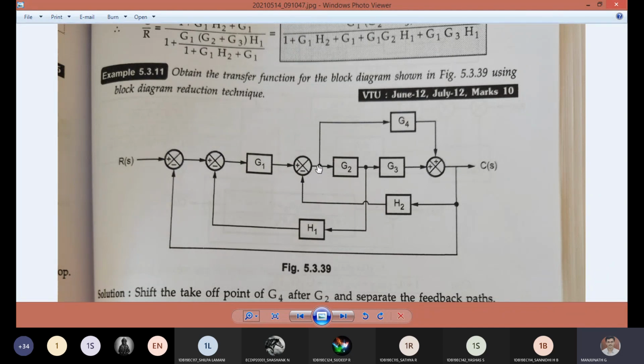After moving this breakaway point here, we got G4 by G2, and G4 by G2 and G3 become parallel. So this complete combination along with the summing point is your parallel combination. So eliminating that only, we got the answer. Is it fine to others? Done till there?